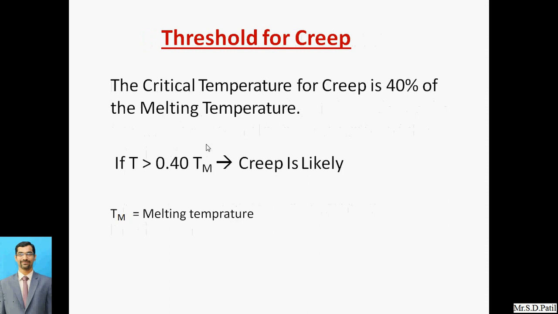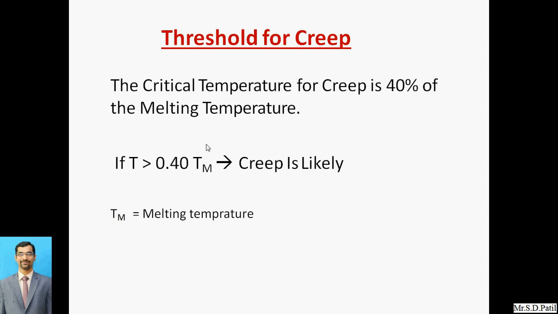Now what is the threshold of creep? The critical temperature for creep is 40% of the melting temperature. Suppose the melting temperature is 1000 degrees Celsius, then the critical temperature for creep is 400 degrees Celsius.